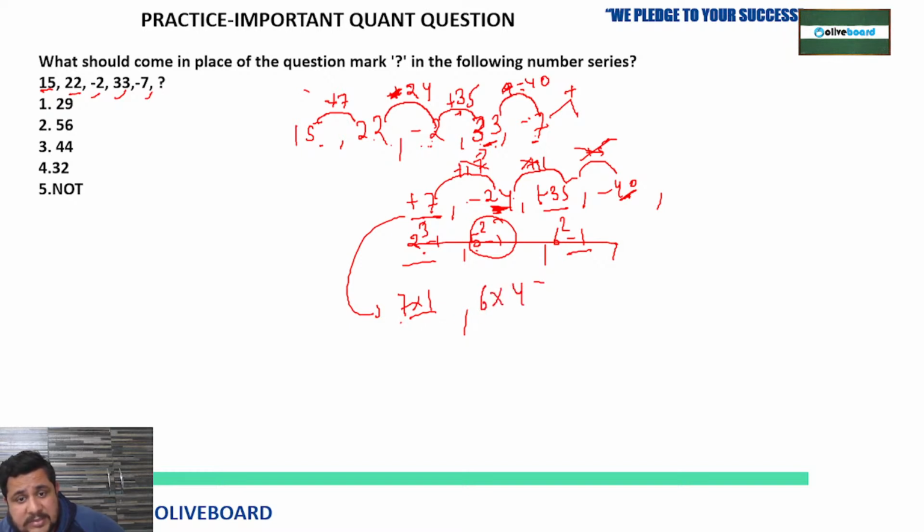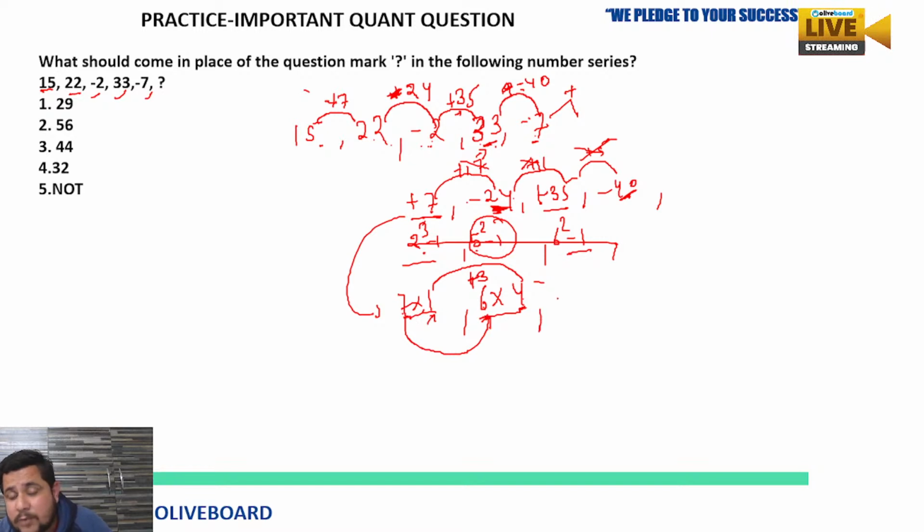Now see why I am taking 6 into 4. 7 multiplied by 1, then a value one less than 7, so 6, multiplied by 4. We are increasing the multiplier. First we multiply with 1, then with 4, so plus 3 each time, and we are going in descending order. After 7 we take 6.